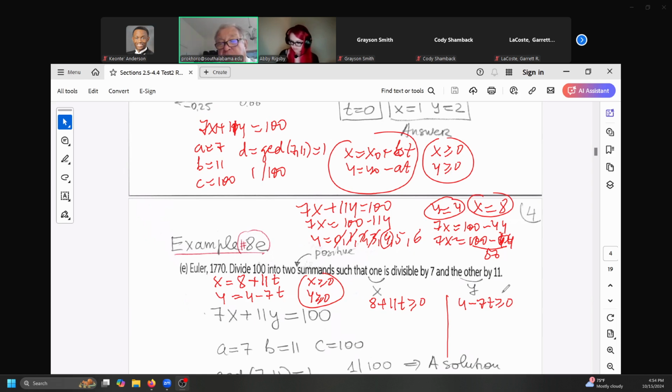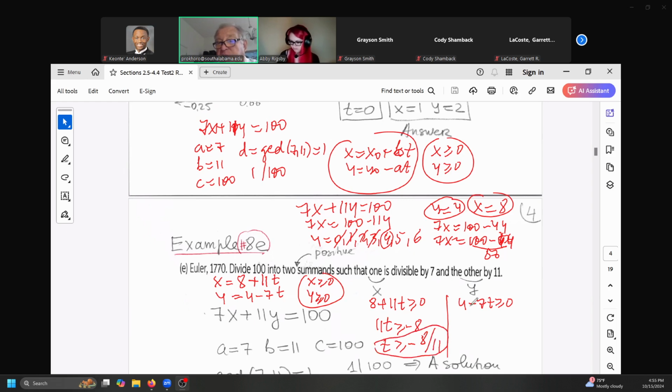To solve a linear inequality, we need to rewrite the terms so that in front of t we get a positive number. For 8 plus 11t greater equals 0, we leave 11t, it's already positive. We move only the 8 to the right hand side, changing the sign. So t greater equals negative 8 over 11.